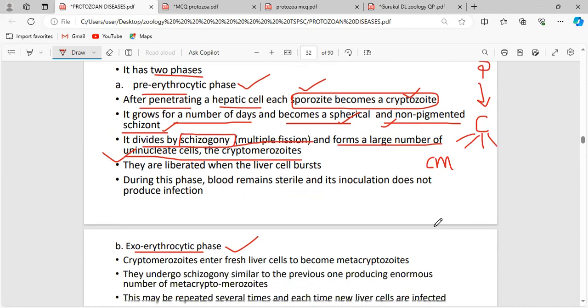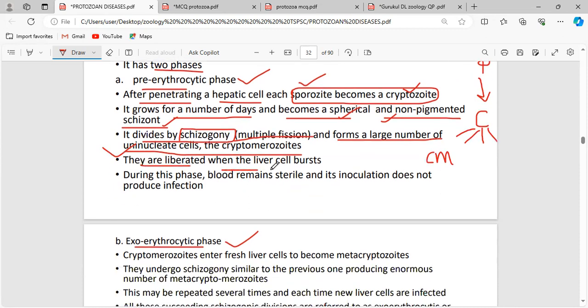Now they are liberated when the liver cell bursts. The liver cell has the capacity to hold a limited number of cells, but under schizogony they give rise to many cryptomerozoites. The liver cell can't hold every cell, so it bursts, and every cryptomerozoite is liberated.